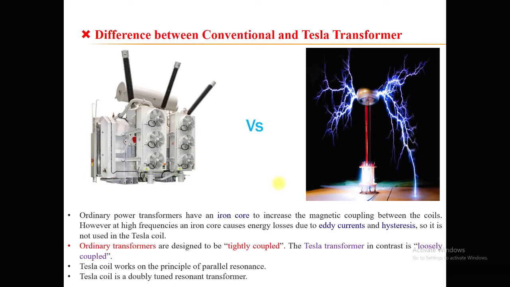In power transformers, usually two coils are mutually coupled, one primary and one secondary. Whereas in the Tesla transformer, you have the flexibility to couple three windings or even two windings, meaning two circuits or three circuits can be coupled simultaneously.